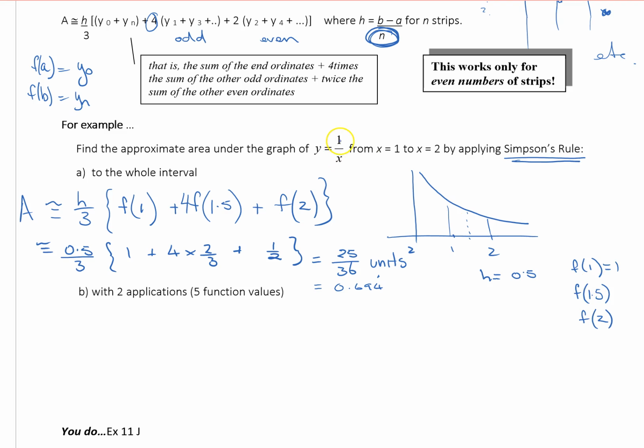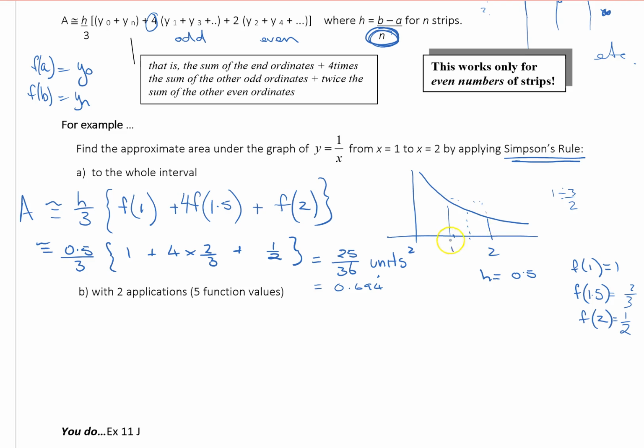At 1.5, 1 divided by 1.5, 1 divided by 3 on 2 is 1 times 2 on 3, so that's equal to 2/3. And at 2, 1 on 2 is a half. Provided I've put that into my calculator correctly, we get 0.69 or 25 on 36. You'll probably see that's reasonable.